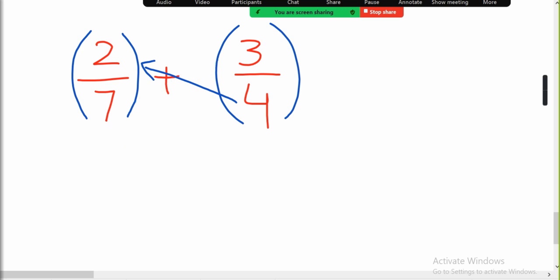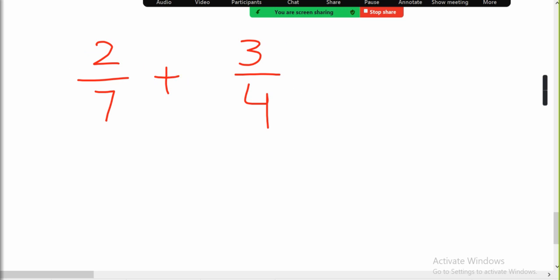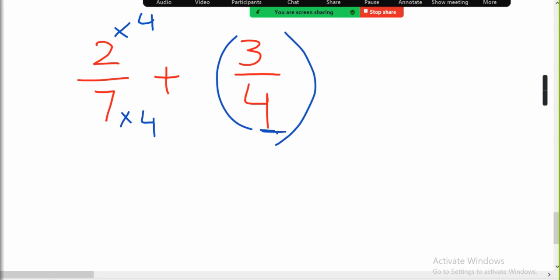Okay, whatever we do with the numerator, we will do the same thing with the denominator. For example, this 4 will multiply the whole fraction like this. We will multiply the numerator and the denominator both. Okay, and for this side, what will we do? We will multiply 3 by 7 and multiply 4 by 7.